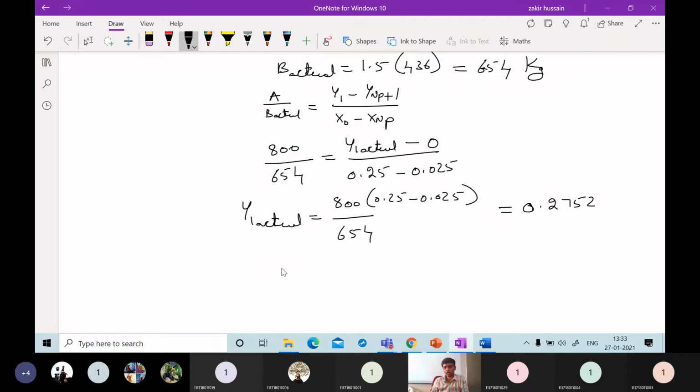Now we have obtained the required data points. The first is xnp comma ynp plus 1. The next is x naught comma y1 actual.